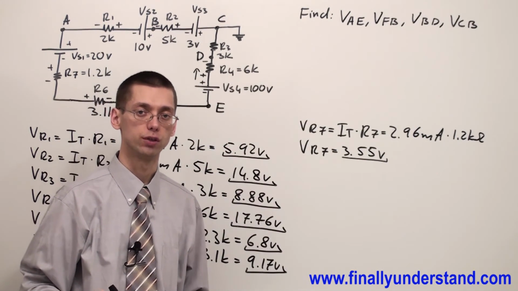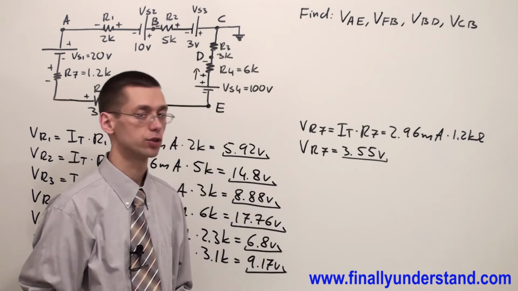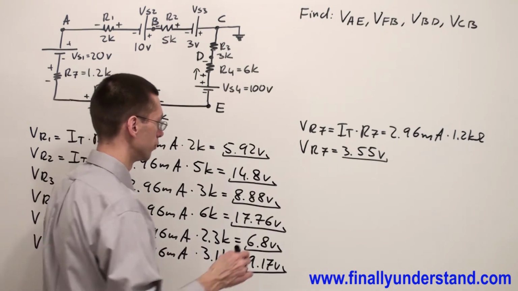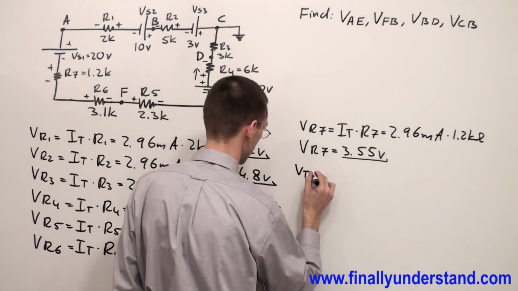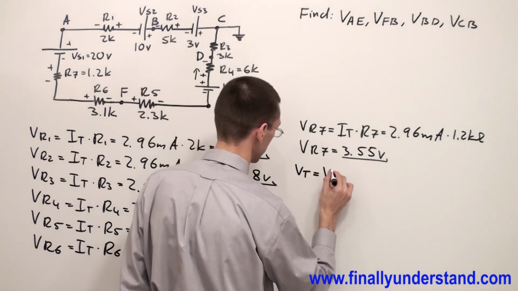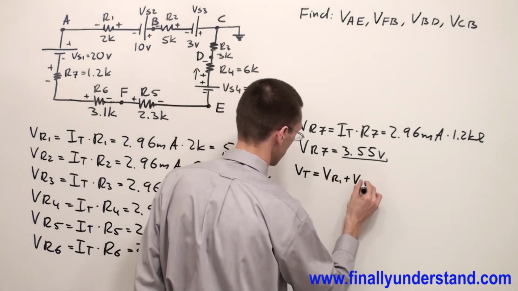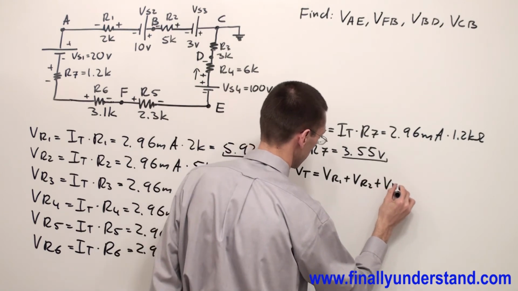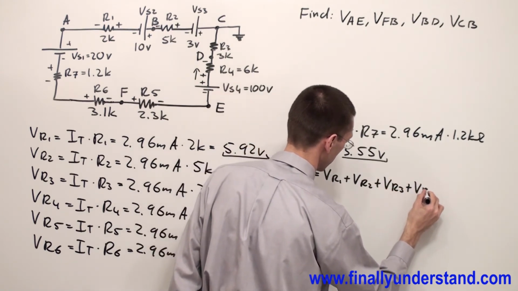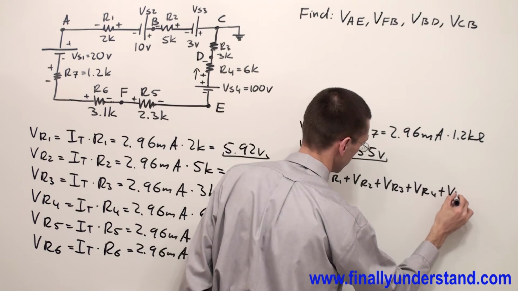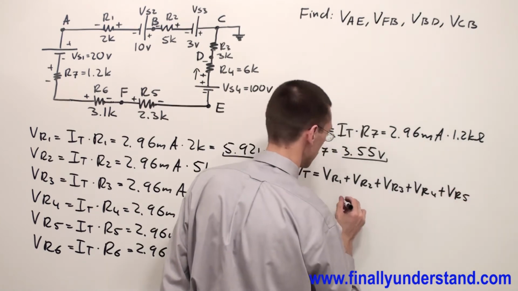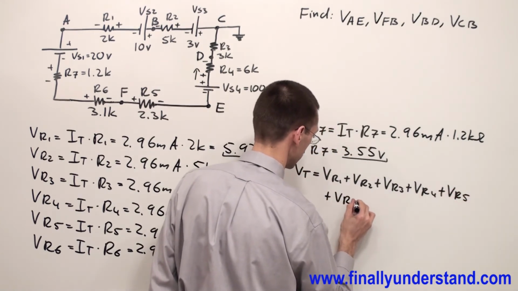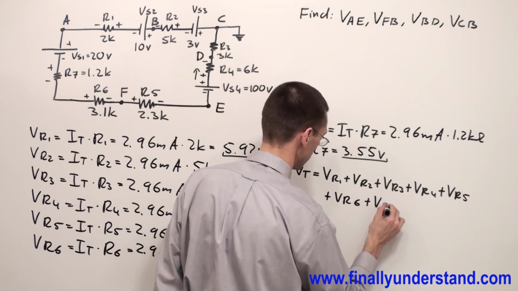Before I continue, I'm going to check if my answers are correct by calculating V total by adding VR1 plus VR2 plus VR3 plus VR4 plus VR5 plus VR6 plus VR7.